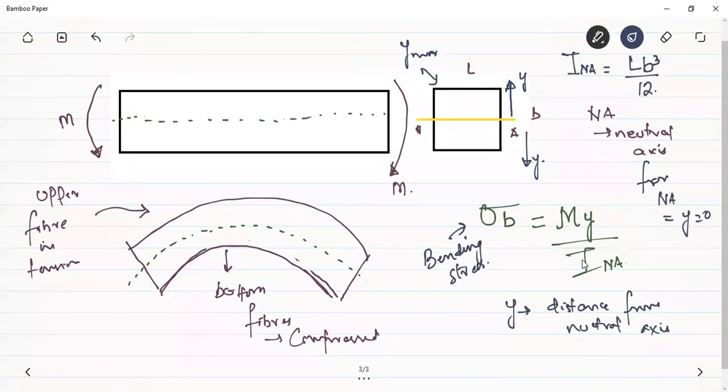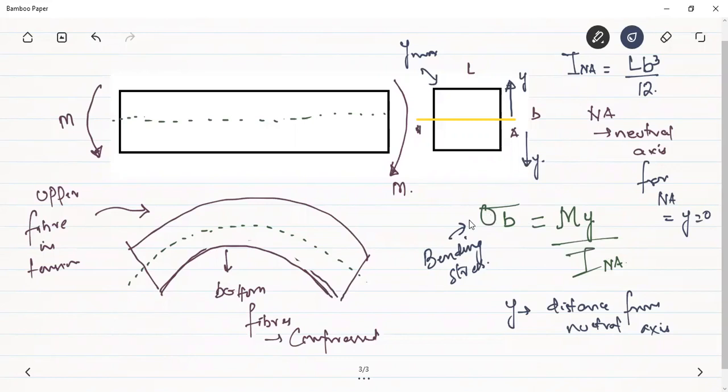That's why I told you we prefer the I sections, because I sections, for the same amount of material, have the maximum value of the moment of inertia, because area is distributed far away from the neutral axis. Since it has very high moment of inertia, the bending stress induced in the beam will be less.